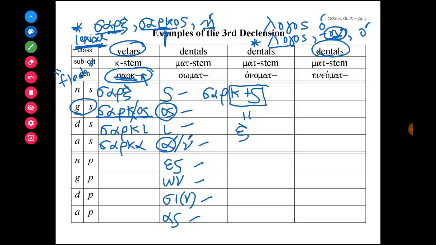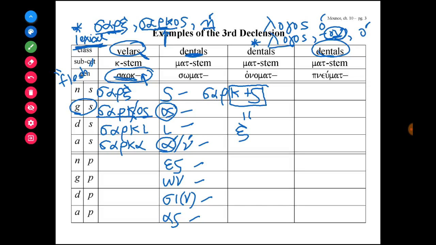Today we're only learning the velars and the dentals. But as you learn more types of third declension nouns, you'll know, because of the family or subfamily of noun, whether to use the alpha or the nu. It's something you're going to memorize as part of the paradigm. So the velars like using the alpha.